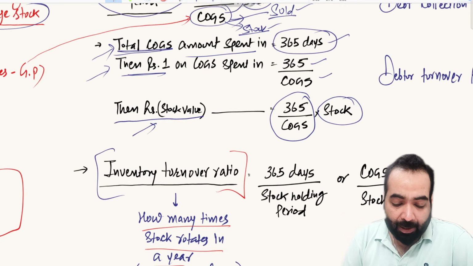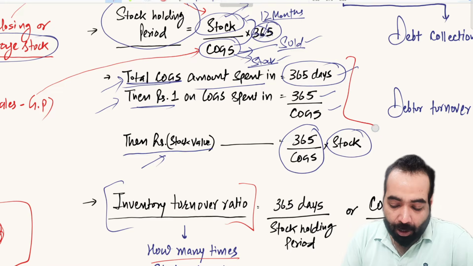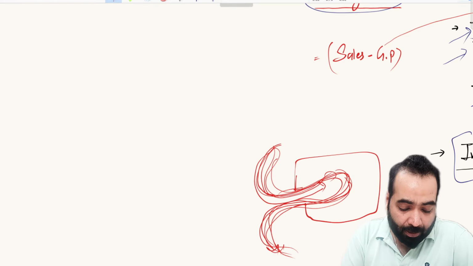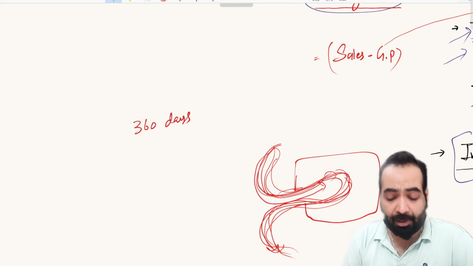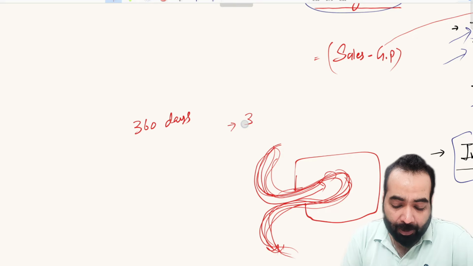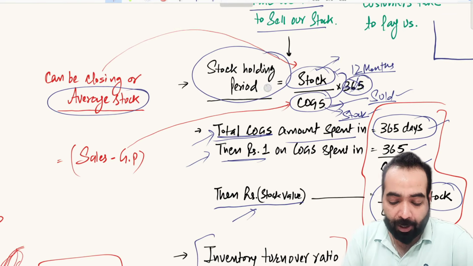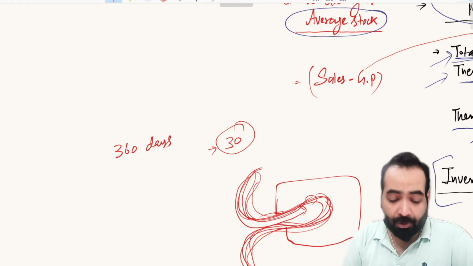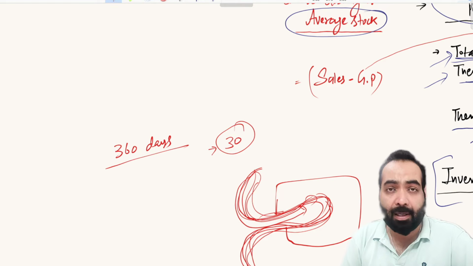So remember, you have taken the total period here: how much period you keep the inventory in your business. Suppose for ease of calculation there are 360 days in a year, and you keep inventory for 30 days. Your inventory holding period is 30 days, or you take 30 days to sell your stock.